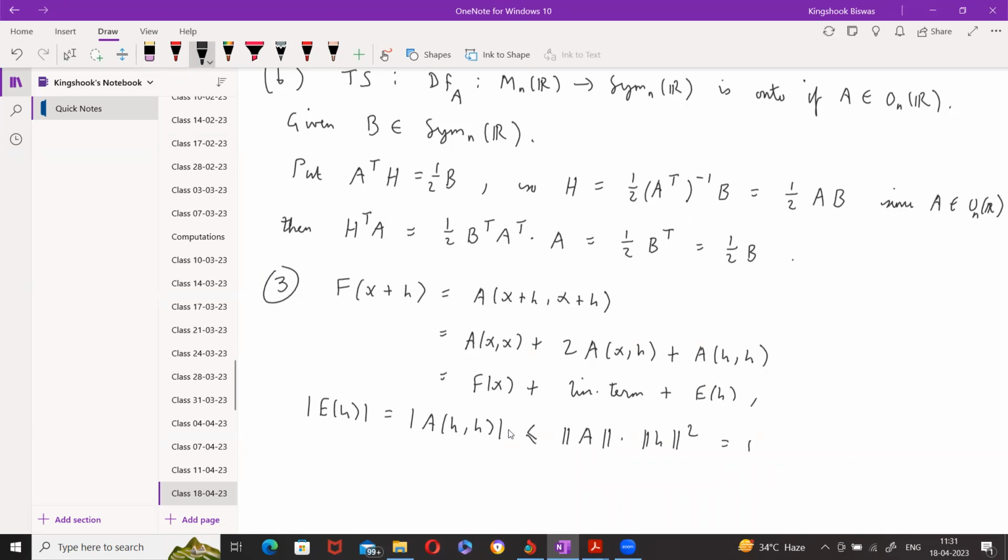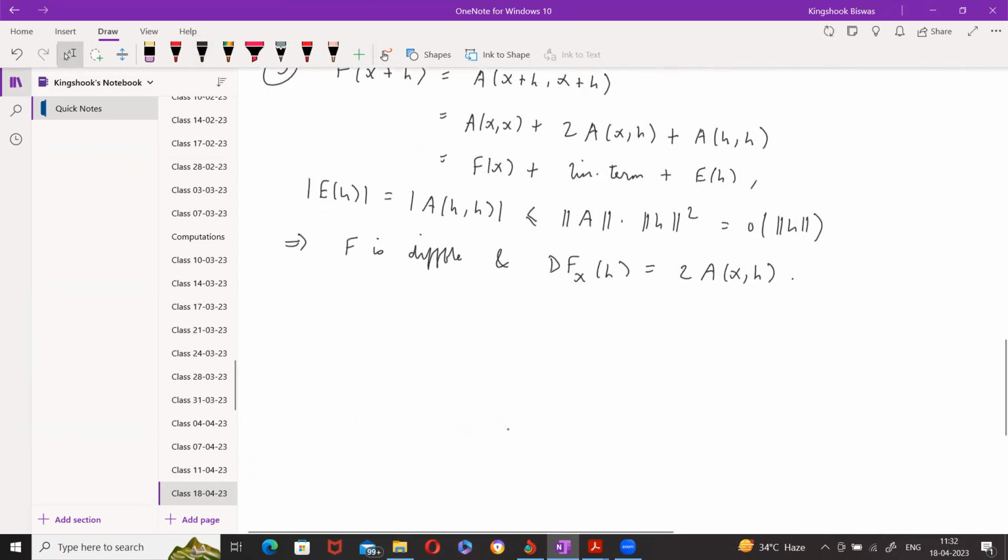So this is little o of norm h. Okay. So that implies that f is differentiable and df at x applied to h is twice A(x, h). Fine.